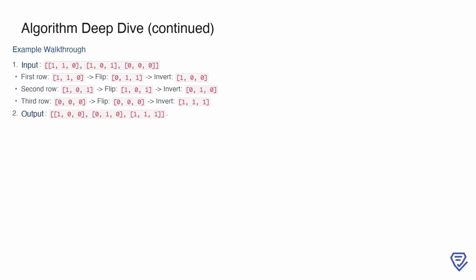Finally, for the third row, 0, 0, 0, flipping has no effect as the row remains 0, 0, 0, but inverting it yields 1, 1, 1. The final output matrix after processing all rows is [1, 0, 0], [0, 1, 0], [1, 1, 1]. This demonstrates how the algorithm efficiently combines flipping and inverting to transform the binary image as required.